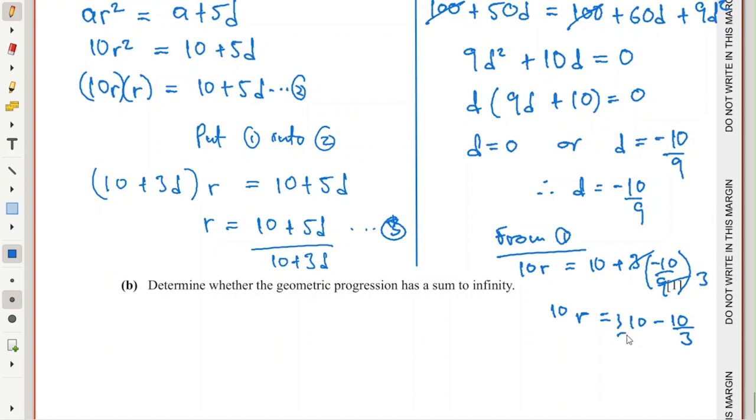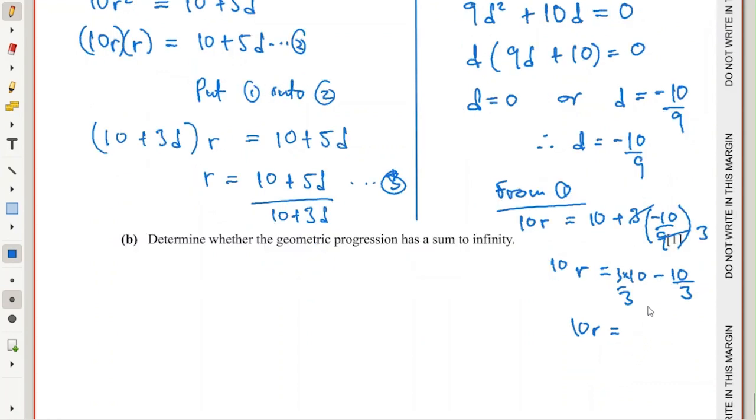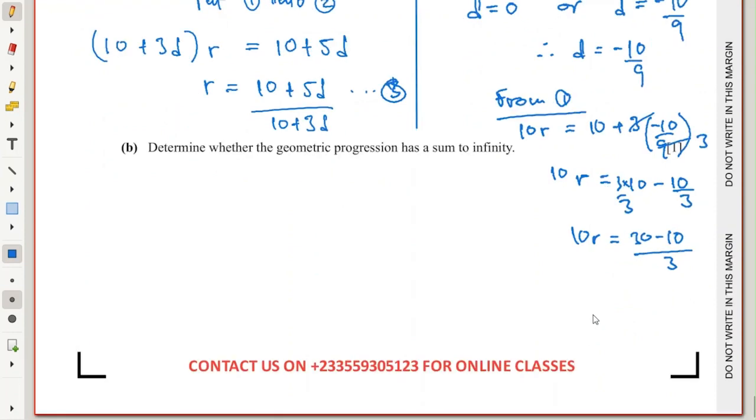If I multiply here by 3, here by 3, this will give me 30 minus 10 over 3. So that's 20 on 3. The 0s cancel here. So R is equal to 2 on 3.